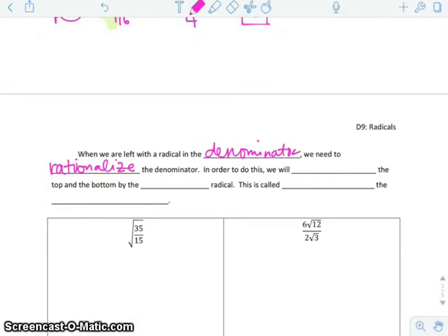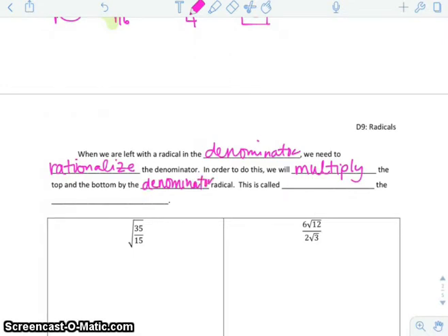We do a little bit of a trick, some fancy numbers to make it work. It's going to be the same value but a different appearance. Like a $5 bill and 5 ones. They're the same value, they just have a different appearance. So in order to do this, we're going to multiply the top and the bottom by the denominator radical.